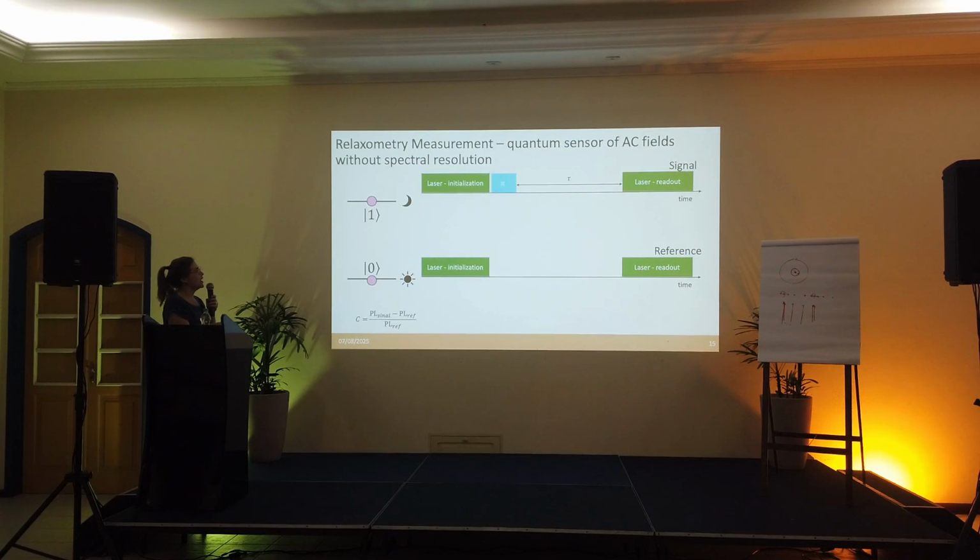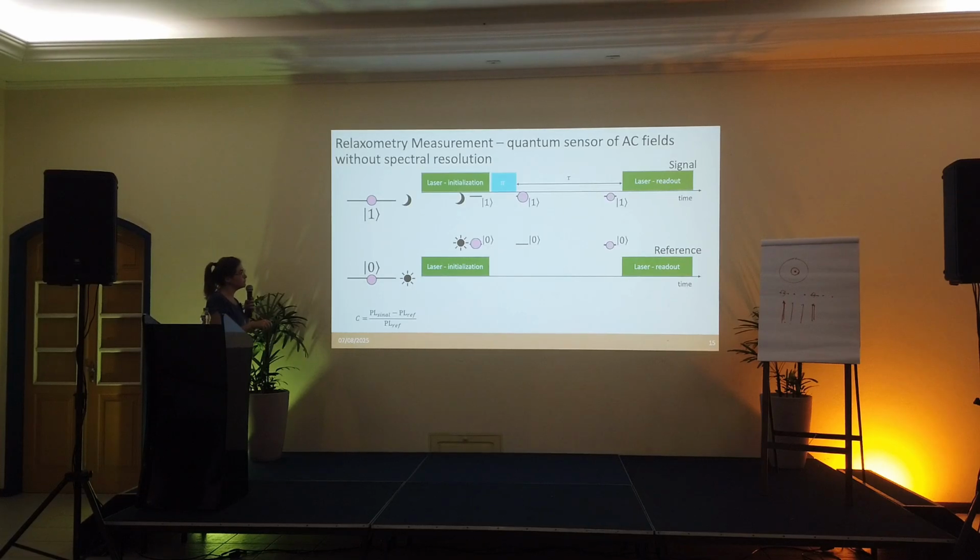And then we compare the results of 2 different experiments. In the first experiment, I apply a pi pulse and I let my system evolve for a certain amount of time. And in the second experiment, I do nothing, right? So I prepare my state, and it's sort of fully here in this configuration. If I apply a pi pulse, I invert these populations, and then I allow my system to thermalize.